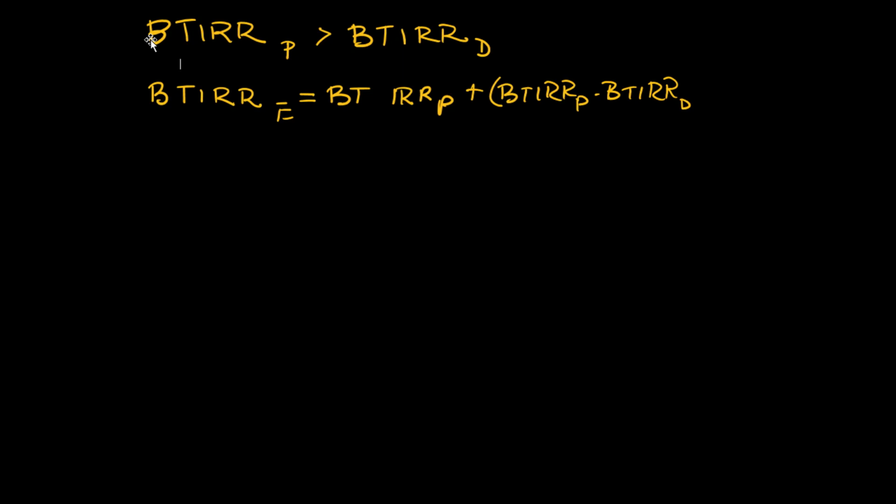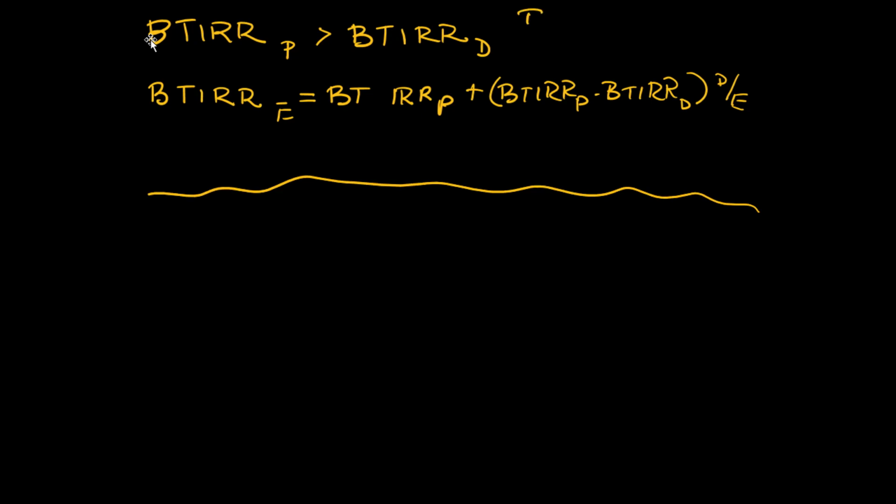If it's a subscript P, that is the before tax IRR on the total investment in the property. And then a subscript D would be the before tax IRR on the debt. So that's going to be the effective cost of the loan after we consider any discount points.